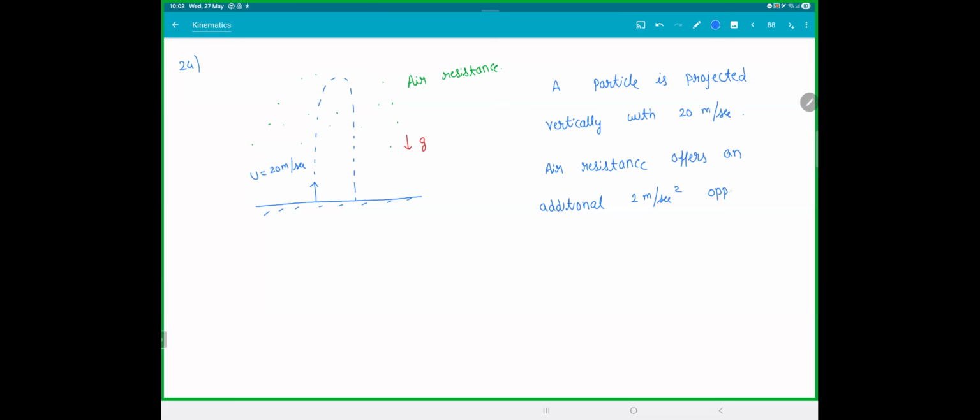The wordings are important. Now, in the exam they will expect you to figure it out. Offers an additional acceleration 2 meter per second square opposite to velocity. That's what air resistance does, right? It'll always oppose you, opposite to velocity. You go front, it'll push you back. You go back, it'll push you forward. Right? So find the time of flight.